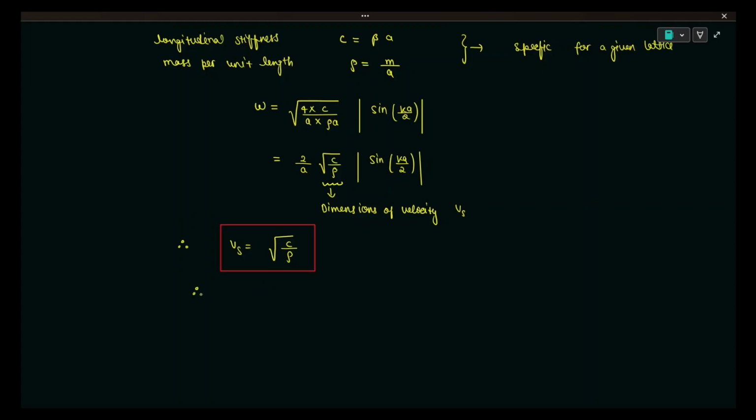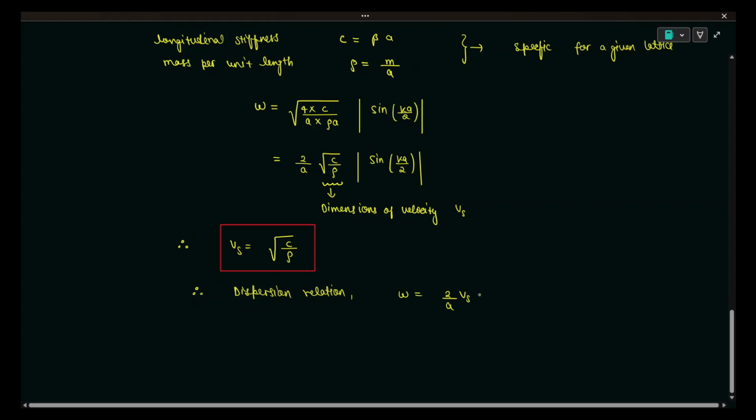So therefore the dispersion relation will be omega equal to 2 by a Vs times mod sine Ka by 2.